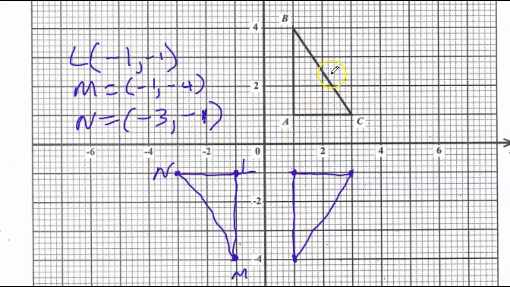Next, we're asked to describe the transformation that directly maps ABC to LMN. You can see if I draw a line from the origin to A, and then from the origin to L, that's a 180 degrees rotation. Likewise, if I draw a line from the origin to C, and then from the origin to the corresponding point N, of course, it's 180 degrees.